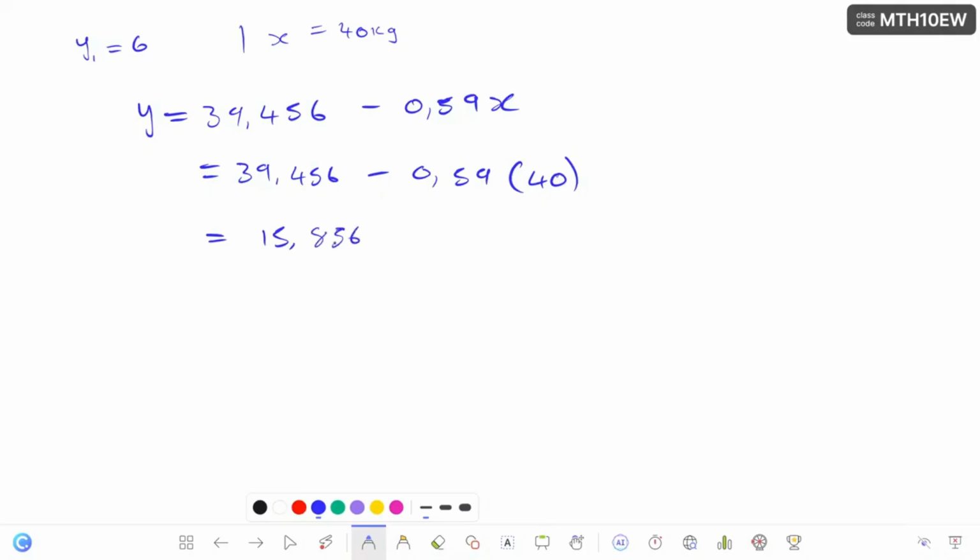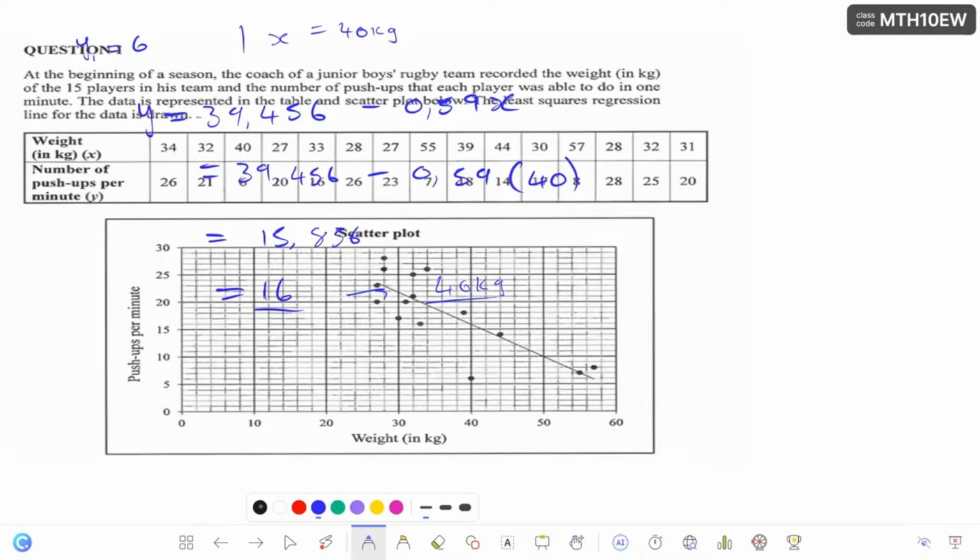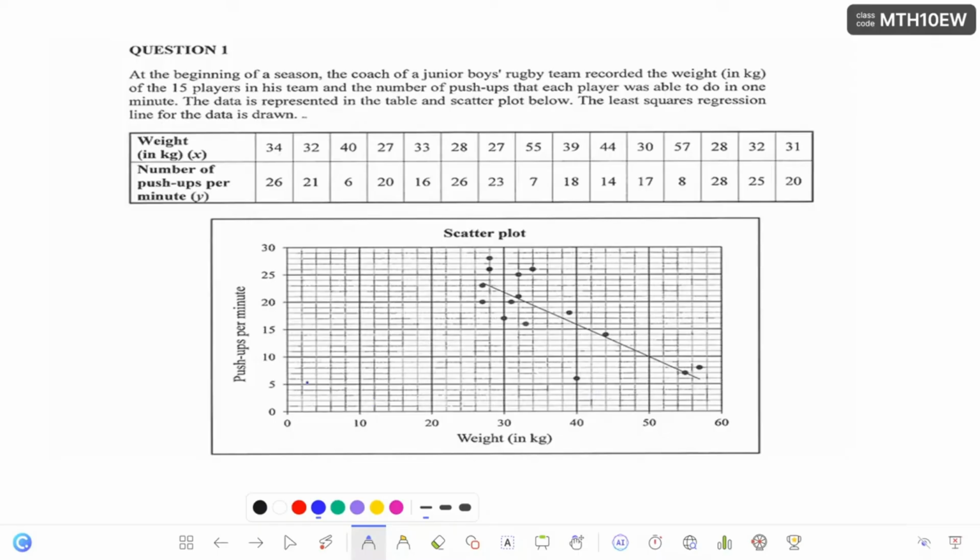So this gives us 15.856 push-ups. But we know that we don't have 0.856 push-ups, so let's simply round this, that is going to be 16. So a person who weighs 40 kg can actually, according to our regression line, do how many push-ups? 16 push-ups. So now we need to know the difference between what?